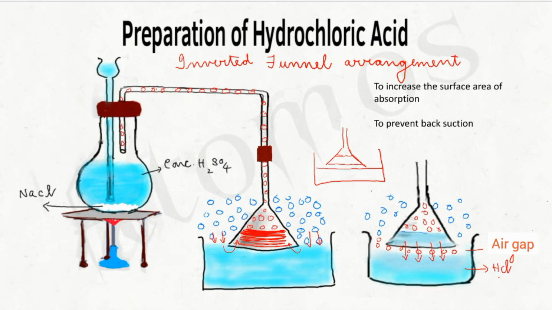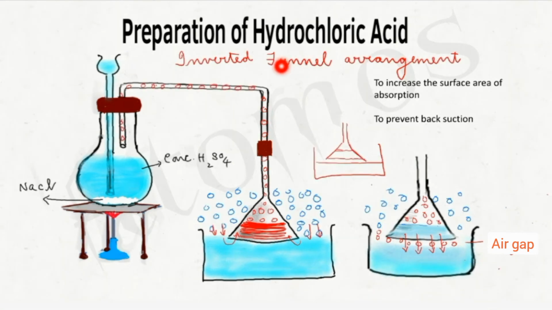Got it? So for the preparation of hydrochloric acid in the laboratory, what is the benefit of using this funnel arrangement instead of a delivery tube? Even though a low pressure is created inside the funnel and some amount of water is sucked inside, soon it will be falling back to the beaker itself, right?